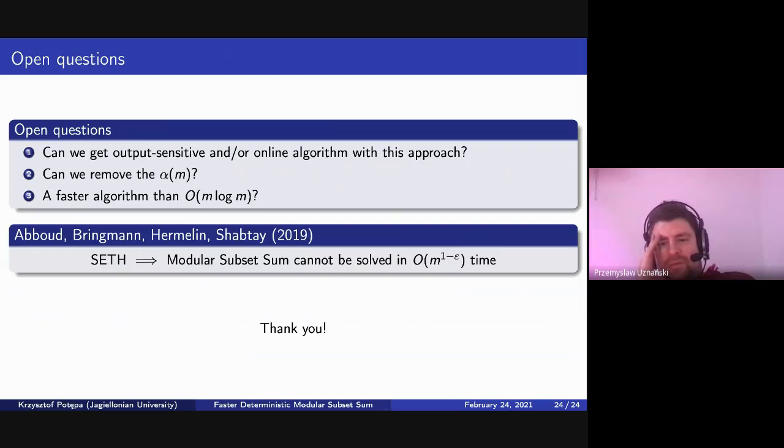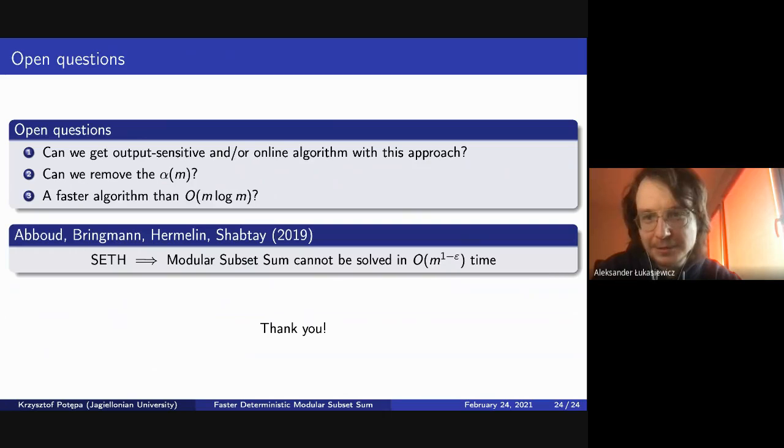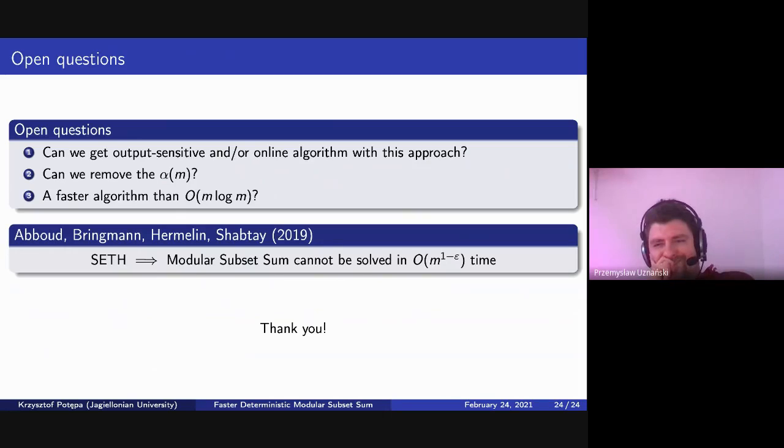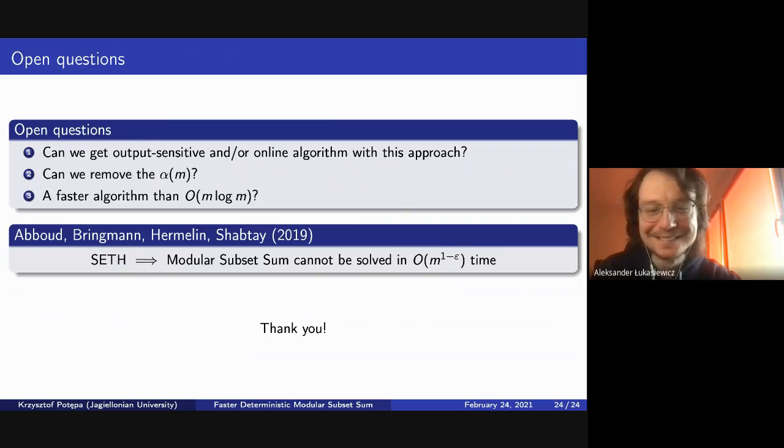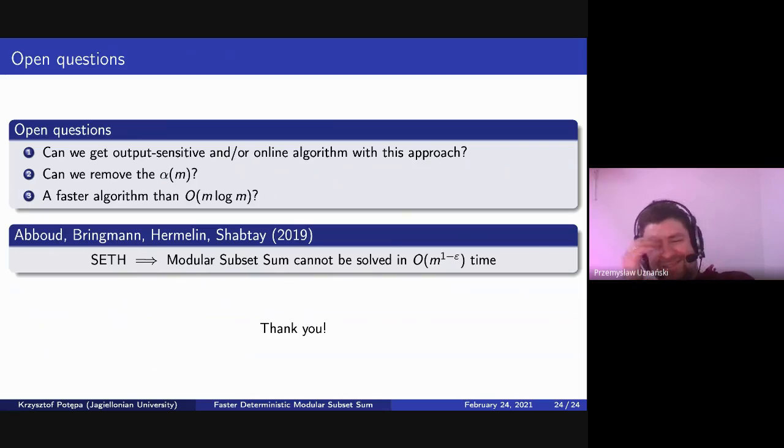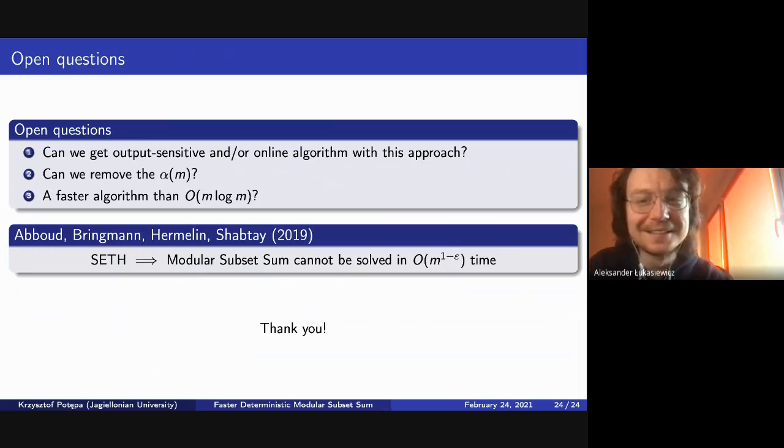I don't know. Maybe Bartek knows more. Depends on the model, right? I mean, yeah, but in RAM, I've never heard about something like this. So it's usually easier to just show a better upper bound. Lazy approach. Very lazy.